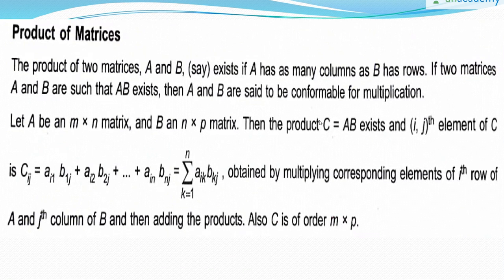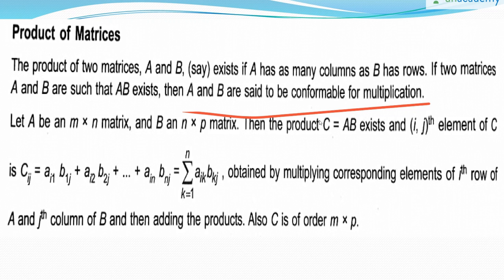Now product of matrices. The product of two matrices A and B exists if A has as many columns as B has rows. If two matrices A and B are such that AB exists, then A and B are said to be conformable for multiplication. That is, what is the minimum requirement for the product?